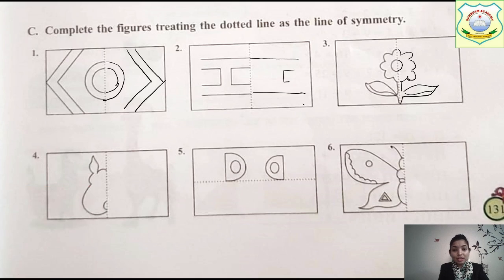Use pencil and scale only for this also if required. No need to use pen. Okay, so you can complete all the shapes like this. This is what, is this a rabbit or something, maybe it's a kind of bunny. Right, so just make it. I'm showing you, it should be almost exactly the same, right?